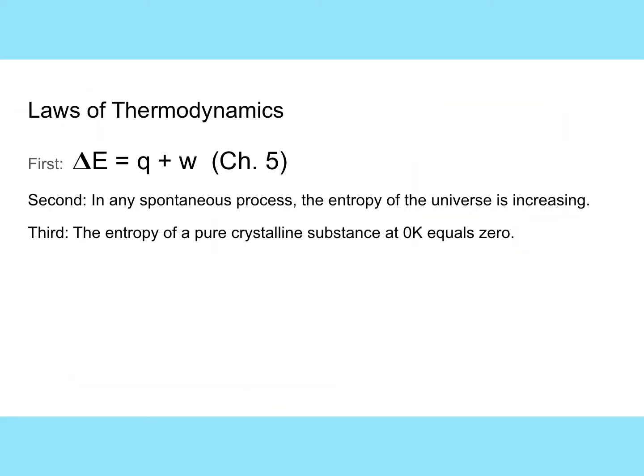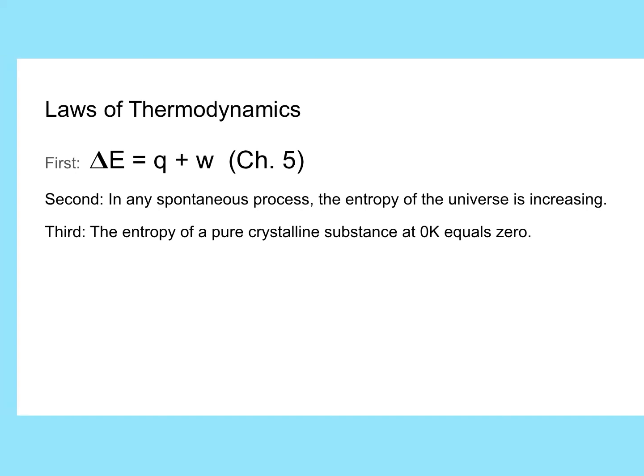This slide here really gives you a statement of the first, second, and third laws of thermodynamics. The first law of thermodynamics we did in chapter 5, and that was the concept that the energy change for a system is the sum of both the heat it either absorbs or releases and the work that it either does or is done upon it.